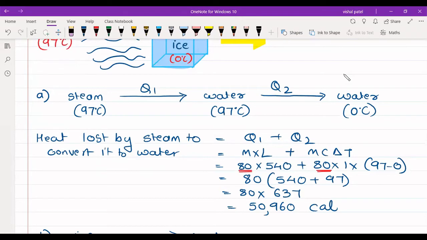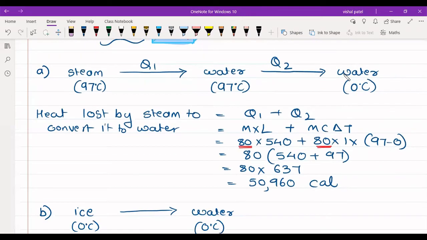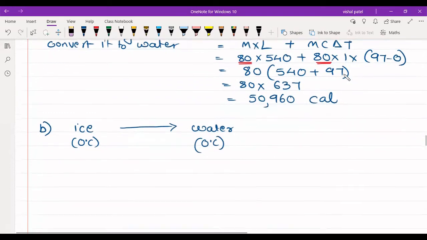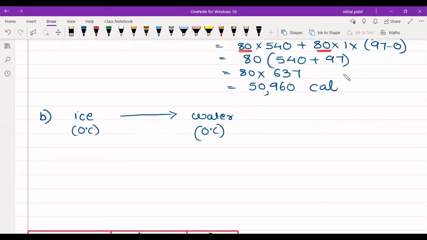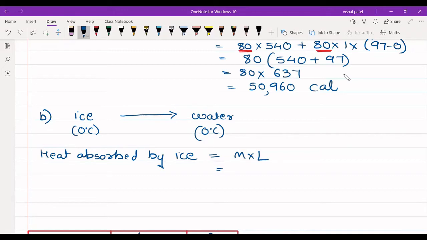Now what is that heat used for? That heat is used to melt ice. See here, I'm writing melting of ice: heat absorbed by ice equals M into L. Is that understood, students?